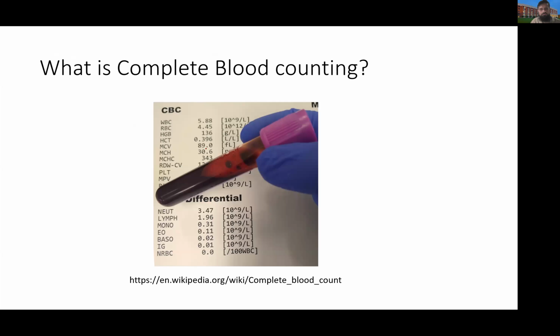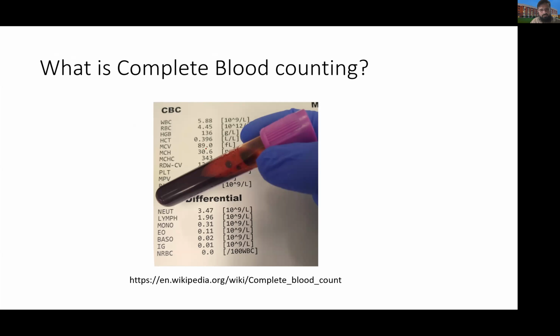Since we have the ability to count cells, we can do the complete blood count, which is one of the very common tests needed for a large variety of diseases.